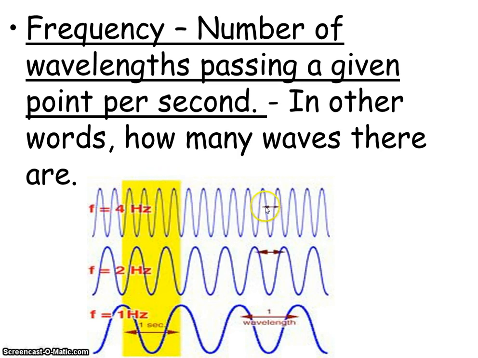And you can see this measurement of the wavelength right here, not very big. Here we have the same second of time, and we have only 2 wavelengths. We have 2 hertz, and this wavelength a little larger obviously than this.